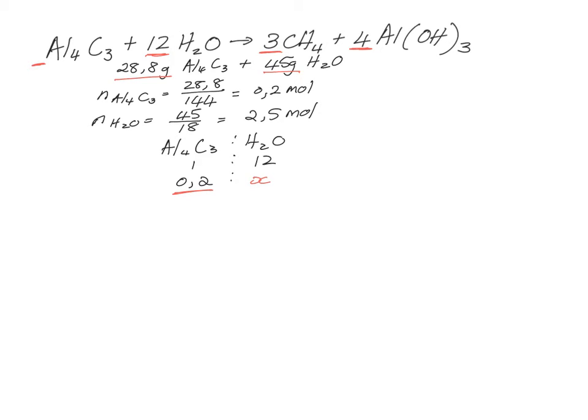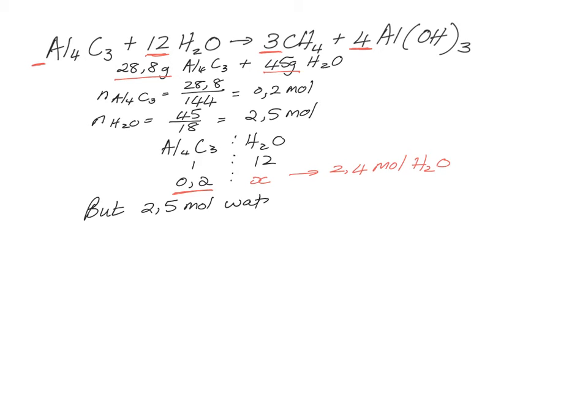So how many moles of water is that if you apply that mole ratio? So 1/5 of 12 gives us 2,4 moles of water. However, the big but is we have 2,5 mole of water.